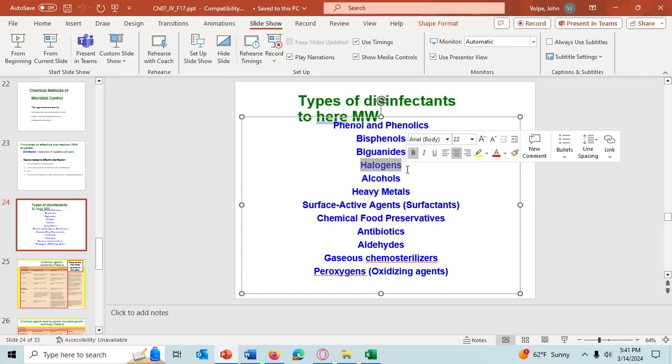And then another halogen is iodine. Tincture of iodine is in most houses. It is a very good antiseptic. It was so good that it used to be used all the time in hospitals before surgery because it wasn't toxic to skin. You could apply it.